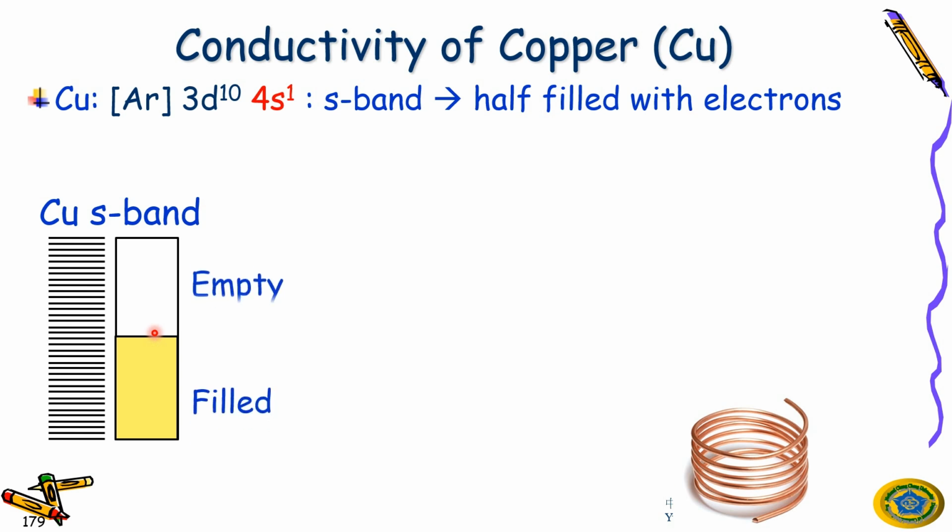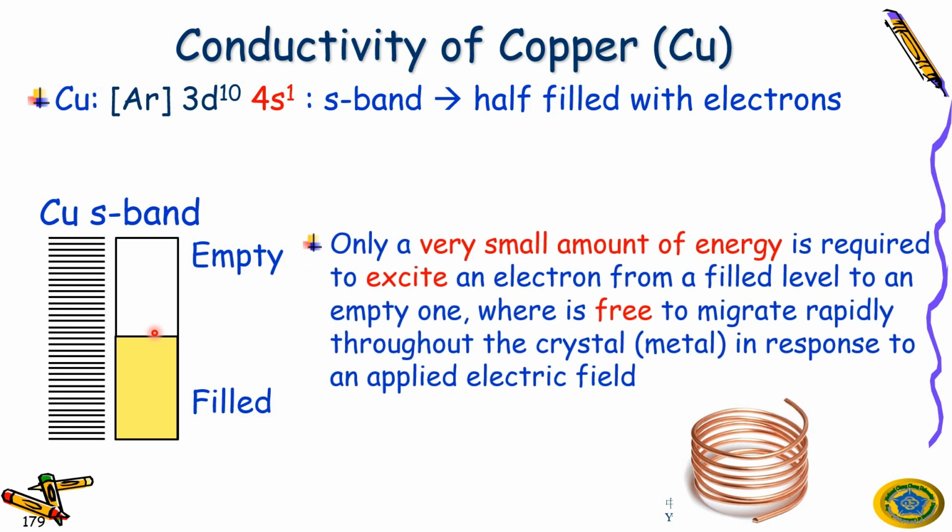So filled and empty levels. Only a very small amount of energy is required to excite an electron from the filled level to an empty one, where it's free to migrate rapidly throughout the crystal in response to an applied electrical field. So if you have 1 electron jump from the bonding molecular orbital to the anti-bonding molecular orbital, this electron will be free.